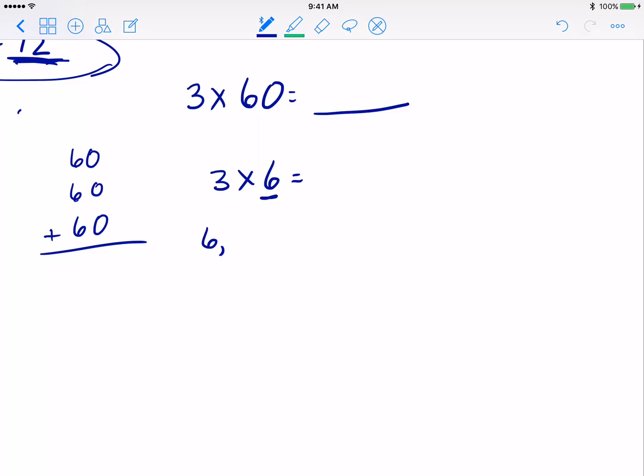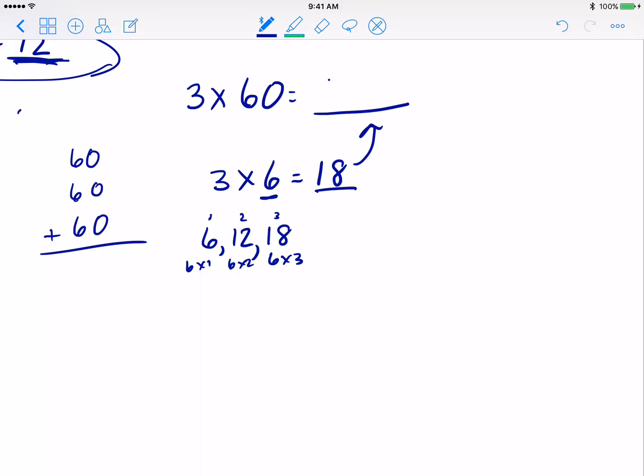So we're at 6. 6 plus 6 is 12. 12 plus 6 is 18. So this is 6 times 1, 6 times 2, this is 6 times 3. So it's the 1, 2, 3. It's the third multiple we're listing, 6 times 3. So I know that 3 times 6 is 18. So I know that if this is 18, the product of 3 times 60 is just going to be 10 times bigger.